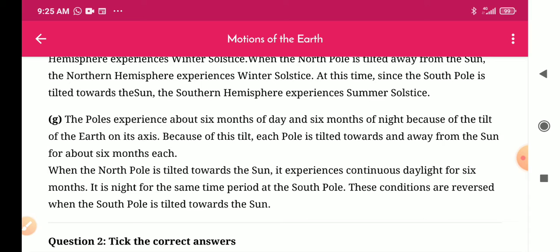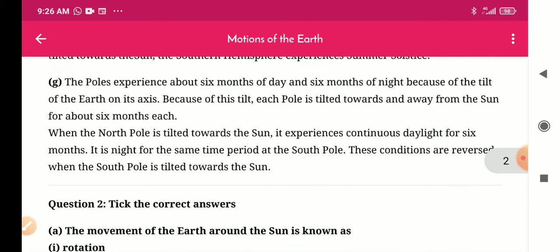When the North Pole is tilted towards the Sun, it experiences continuous daylight for 6 months. It is night for the same period at the South Pole. These conditions are reversed when the South Pole is tilted toward the Sun.